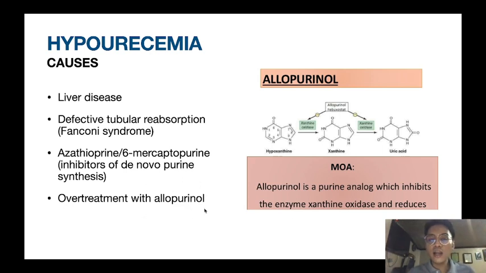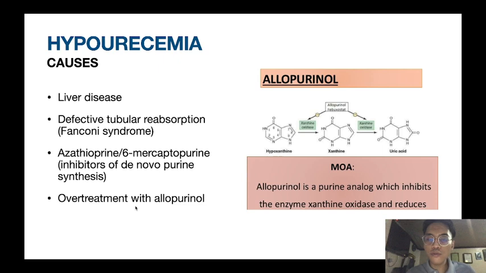Actually, guys, allopurinol, this is the drug used to lower uric acid. So as you can see, hypoxanthine and xanthine will become uric acid with the use of xanthine oxidase. So when you stop xanthine oxidase, hypoxanthine and xanthine will not become uric acid, causing a lower uric acid level, 'di ba?